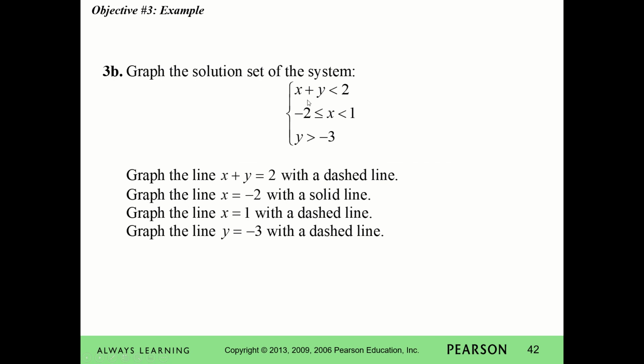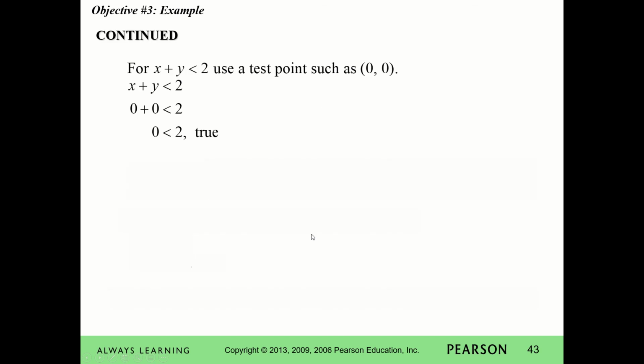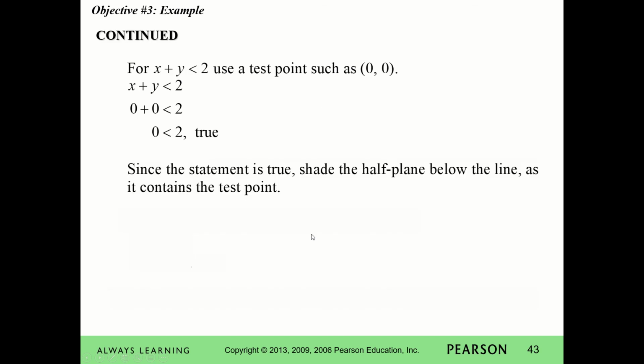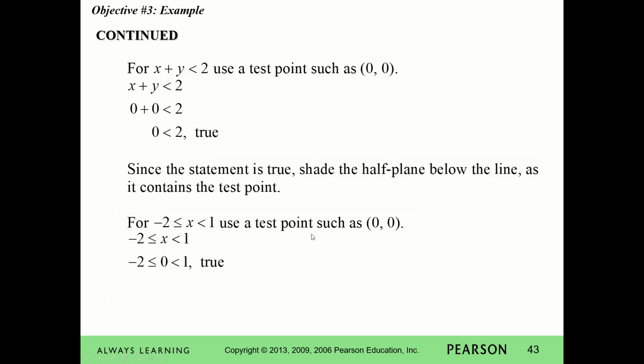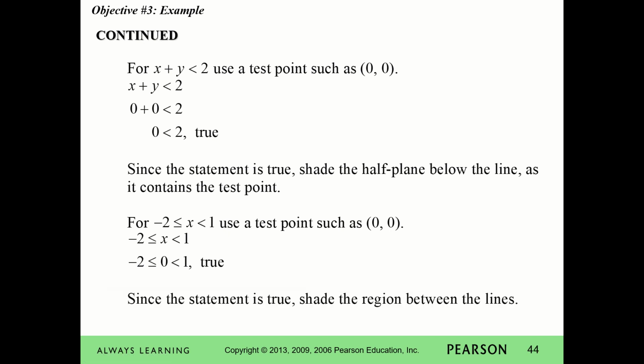And you're going to see the same type of thing for this one. So in this middle portion here, there's actually an extra step. We know that when we're talking about these type of equations, we have to separate them into two separate equations. So we do -2 is less than or equal to x, and x is less than 1. So now we have these three equations, graph them all, and we check their test points. And the test point that they use primarily is 0, 0. You can really use any point, you just have to pick it. 0, 0 is just usually the easiest one.